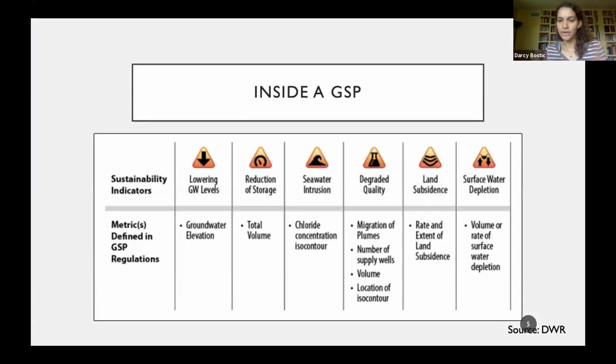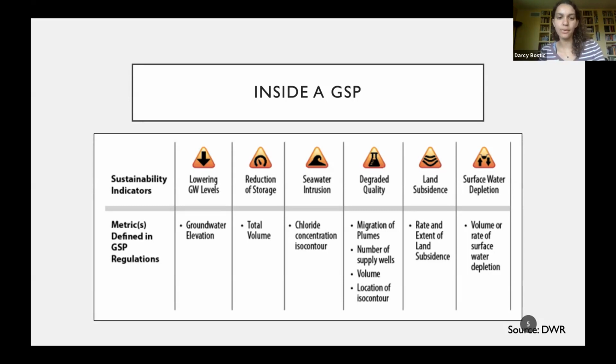All right, so first to definitions. As Ellen mentioned, there are requirements for GSPs to include sustainability indicators, and I've listed the 6 here. This is the DWR graphic. And this really is what DWR requires as a GSP's definition of sustainability, the avoidance of these 6 undesirable results.